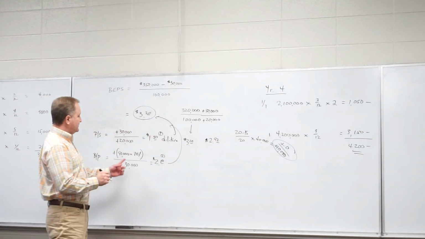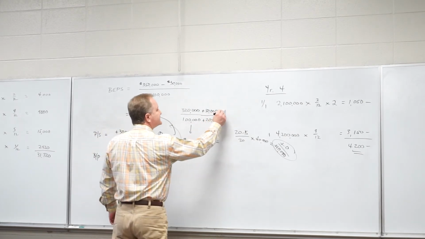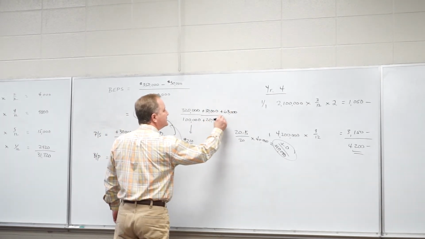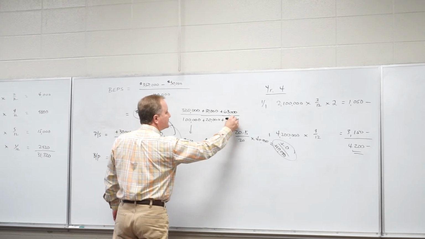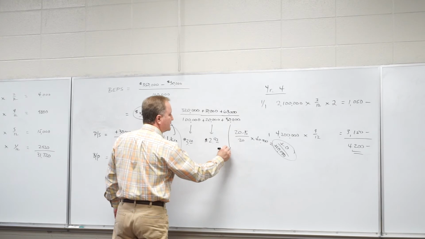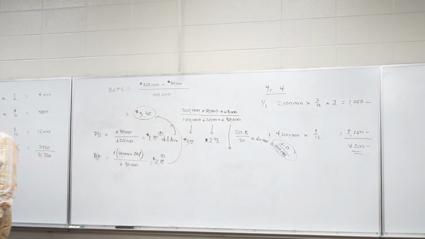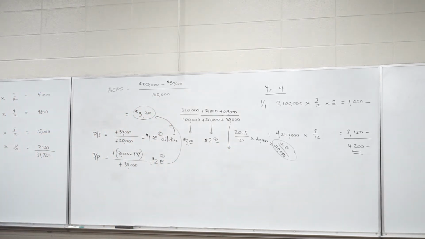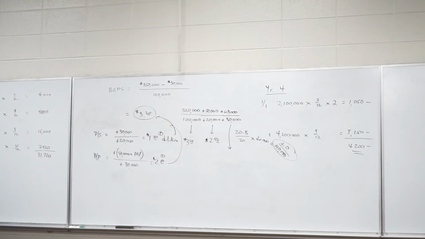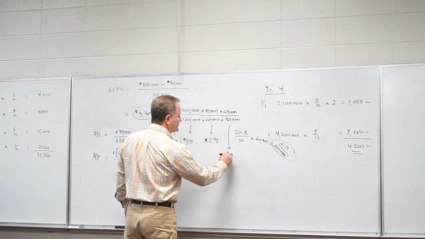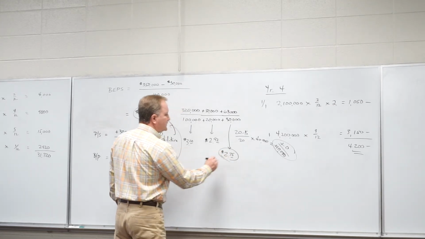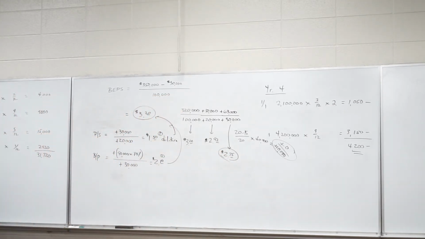All right, so now we keep going, and then we add 63,000 to the numerator, and to the denominator add 30,000. What do you get when you do that? $2.75. So there's your answer. $2.75.